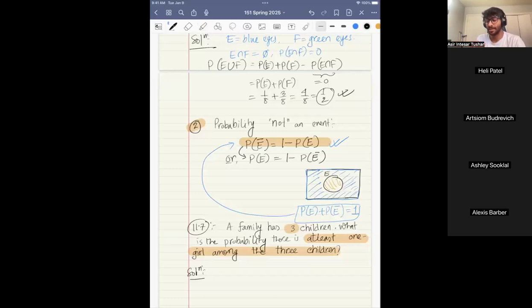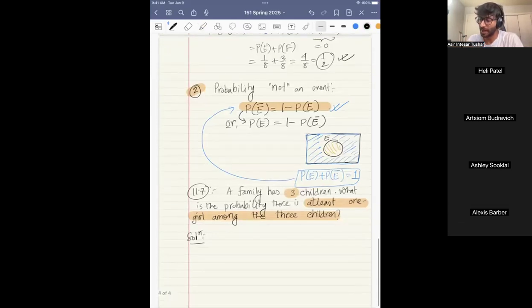You can also do that. But here, we're going to write, let E be at least one girl. So E is an event where you have at least one girl.